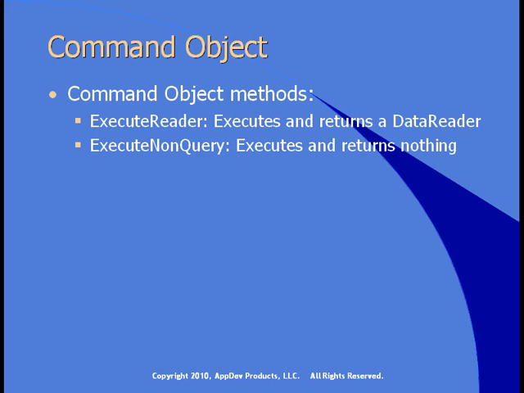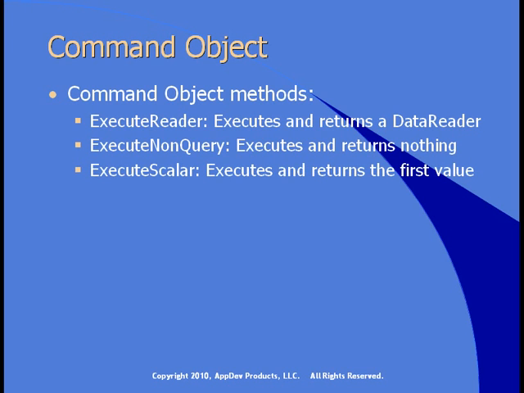That's the method you'd call if the SQL statement or the stored procedure you want to execute doesn't return data, it just performs an action. The ExecuteScalar method executes the query and returns the first matching value from the first row of the data that it would have returned if you'd called ExecuteReader. So ExecuteScalar is the method you'll call to retrieve just a single value back from some data source.